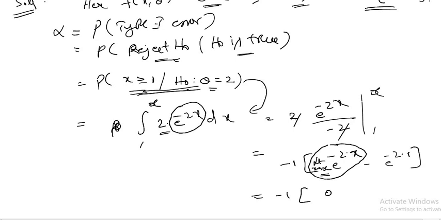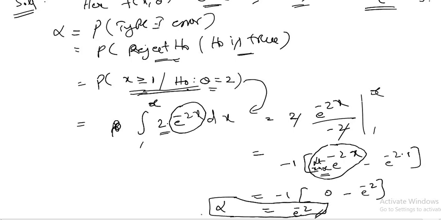There you need to identify. Minus e power minus 2 into 1, e power minus 2. Minus 0 minus 1 into this one. So finally you will get e power minus 2. So alpha, that is type 1 error, equals e power minus 2.